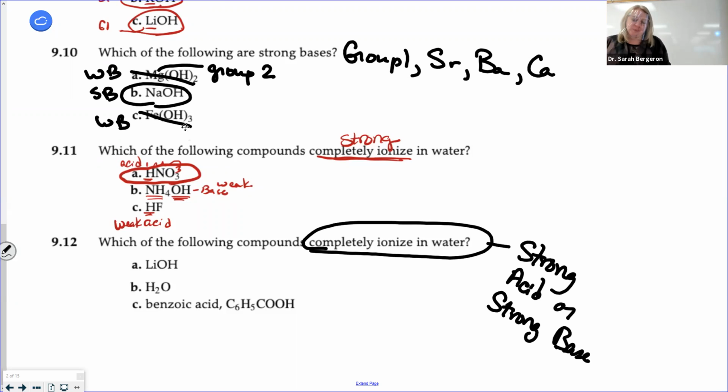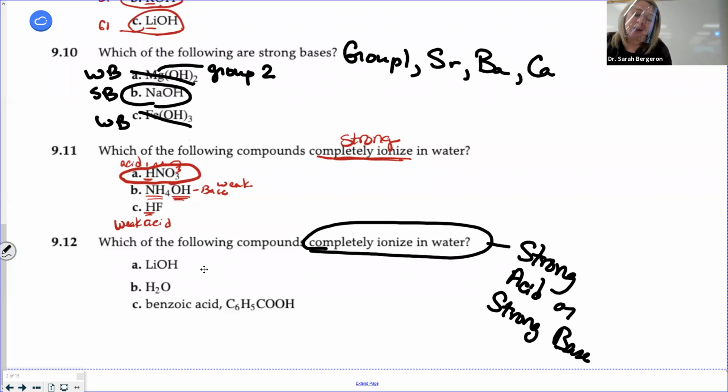So LiOH. What group is Li in? Because I see a hydroxide there, so I'm going to go to group 1. Lithium. It's in group 1. So strong or weak? That's a strong base. So this will completely ionize in water.